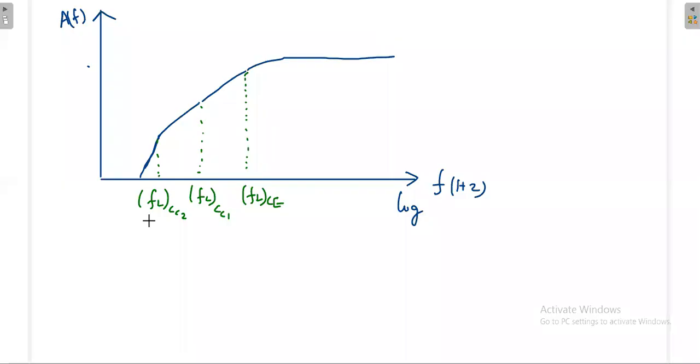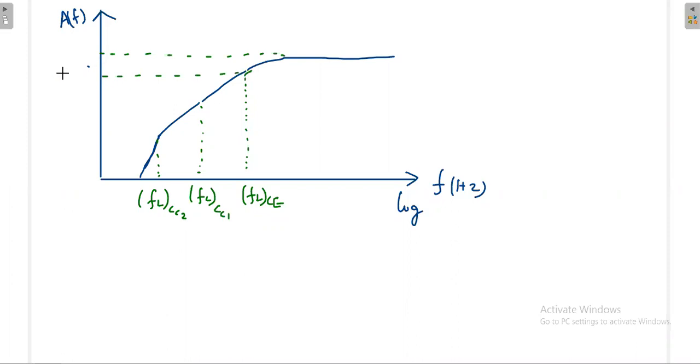So CC2 provides a very low cutoff frequency, then CC1 gives a medium cutoff frequency, and the cutoff frequency due to the bypass capacitor is high. Now, the 3 dB frequency: once you know the maximum gain, you can calculate the 3 dB frequency.